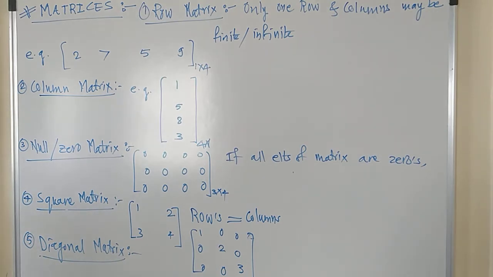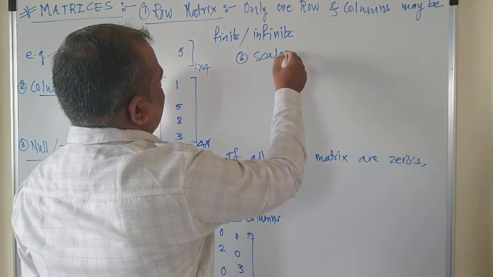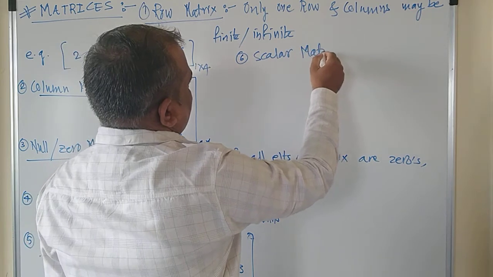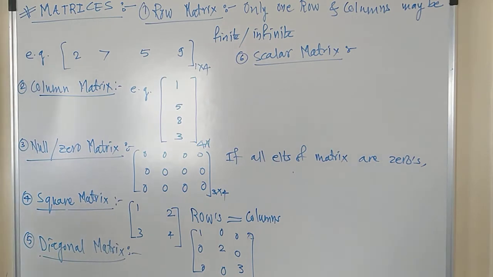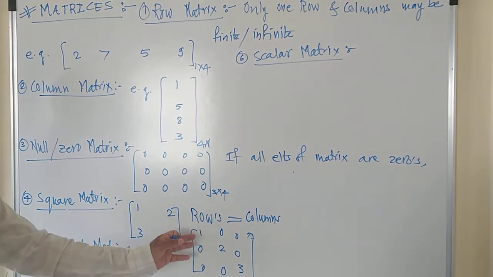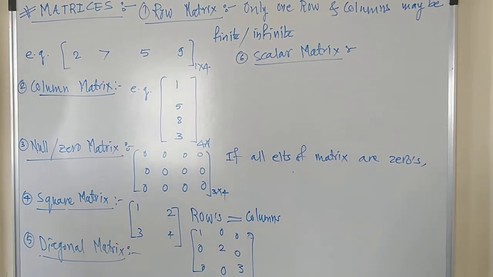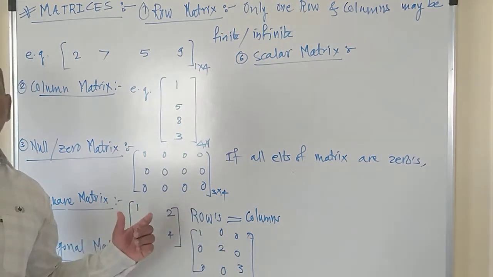Next is a scalar matrix. The sixth type is a scalar matrix. Now this scalar matrix is a diagonal matrix. Again, a diagonal matrix means it must be a square matrix. A diagonal matrix means a matrix whose non-diagonal elements are all 0.